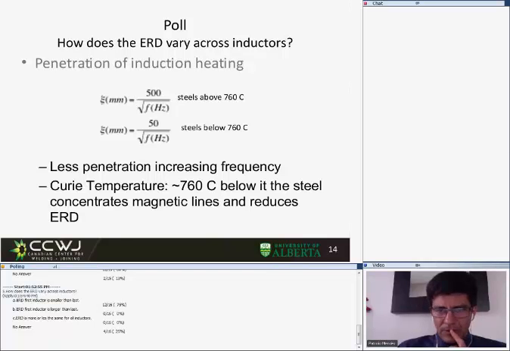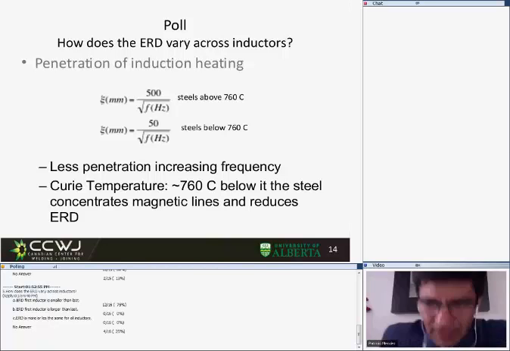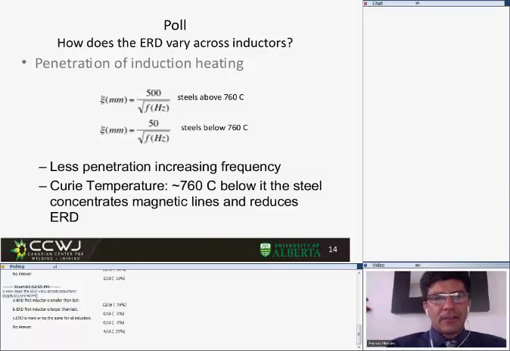Well, I can tell you that this course is going very well because we have a complete agreement. The first inductor is going to have a much smaller electrical penetration, electrical reference depth.